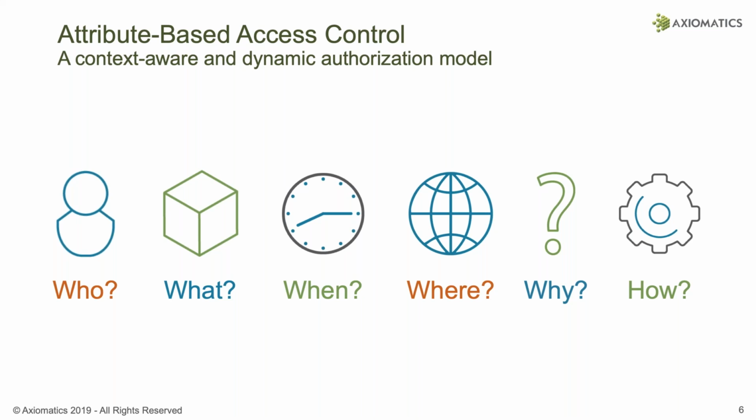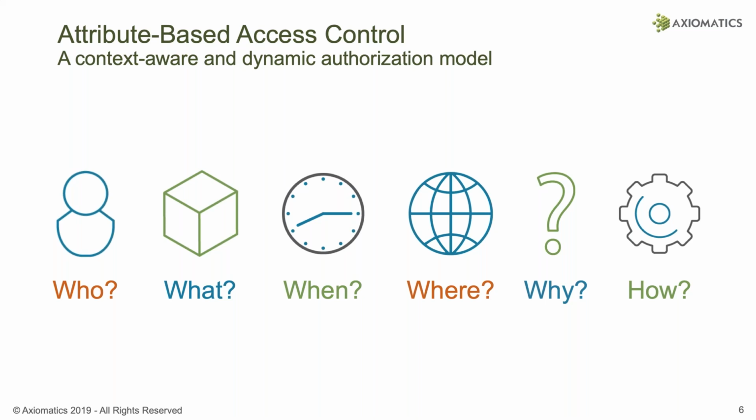So first off, on ABAC, this is the concept of leveraging attributes and attribute data coupled with a policy to handle authorization. And with this, we get context-aware dynamic authorization, where attributes can be anything. We move away from the traditional role-based access control methodology.